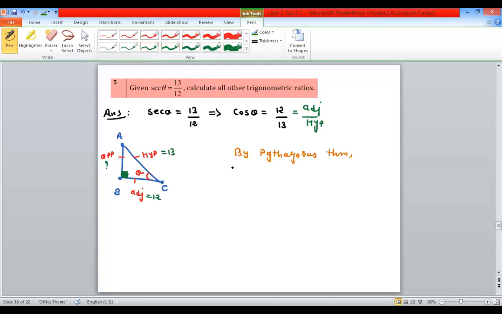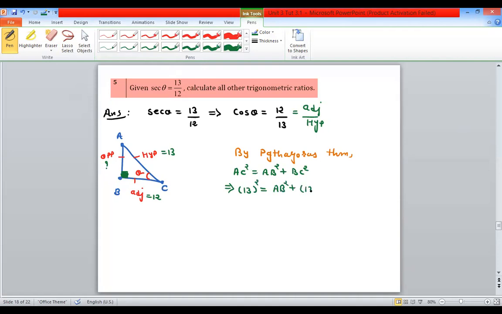So by the Pythagoras theorem, AC square is equal to AB square plus BC square. Length of AC is 13 centimeter, so it's 13 square. AB is the unknown length you need to find.